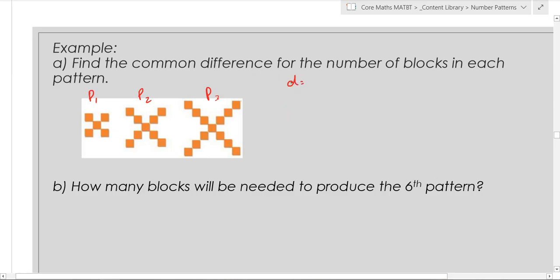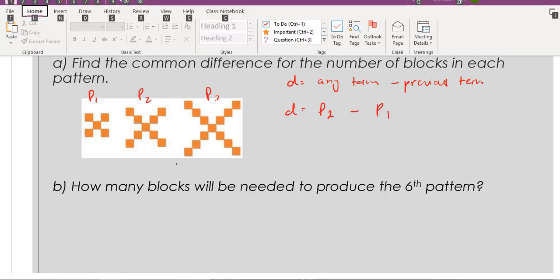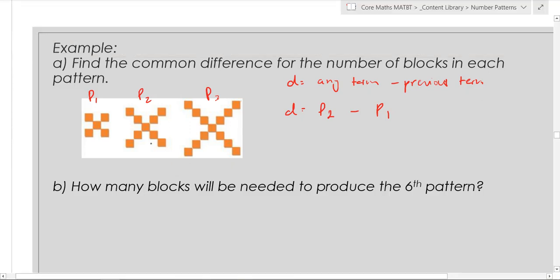So remember, common difference D is any term minus the previous. Okay, so we'll use that. And I might go P2, take away P1. And I forgot to note here the number of blocks in each term.